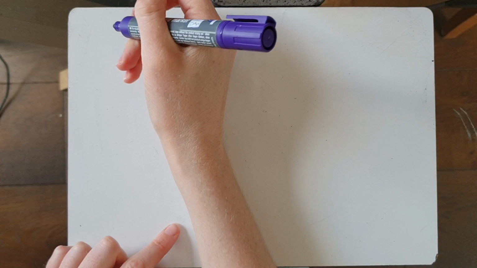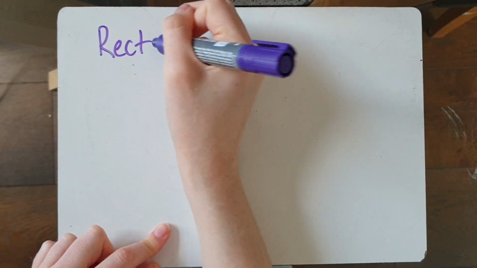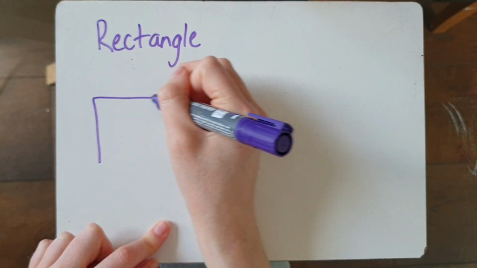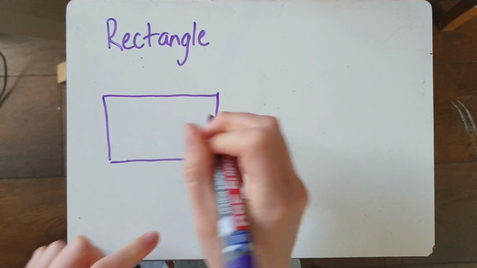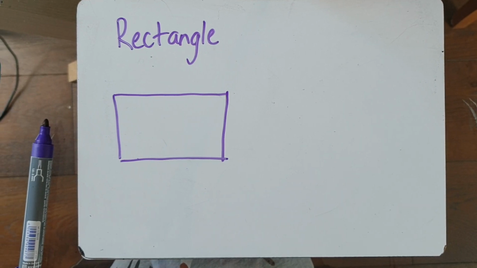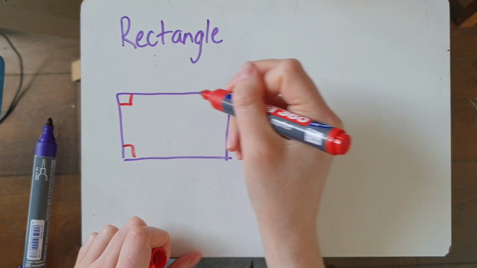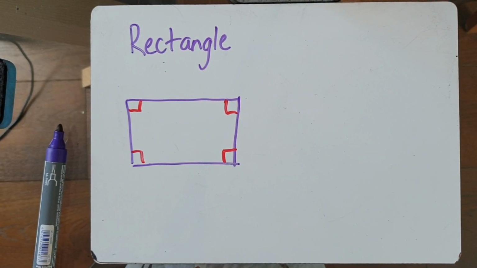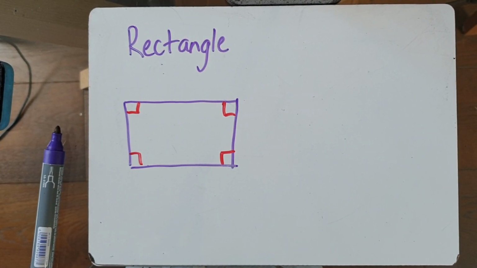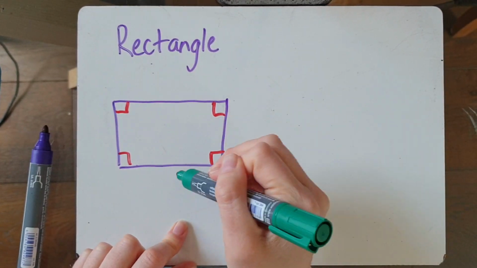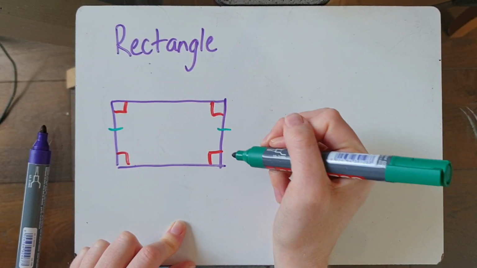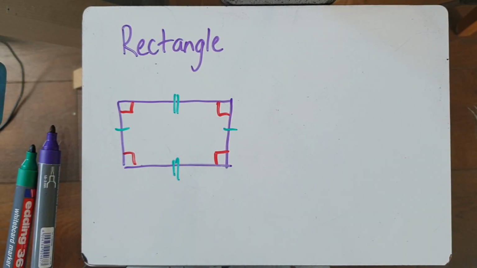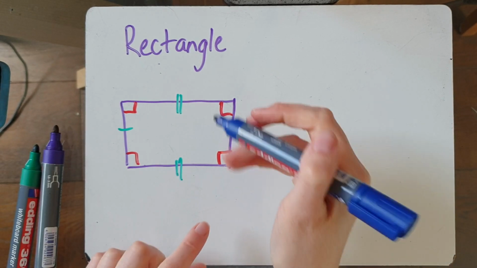The next one is a rectangle. And a rectangle, again, same as a square, it has 4 right angles. Difference to the square is that it has 2 pairs of equal sides. So all the 4 sides are not equal. This one and this one are equal, and this one and this one are equal. And also it still has 2 pairs of parallel sides.